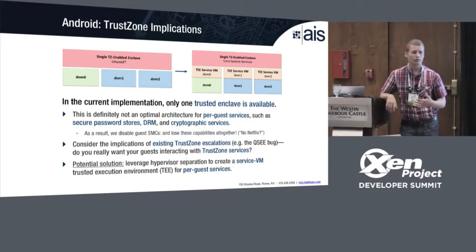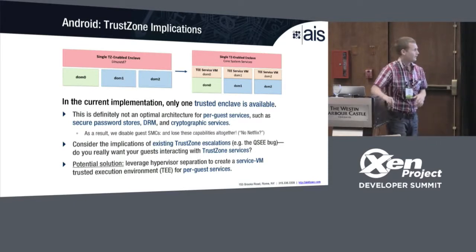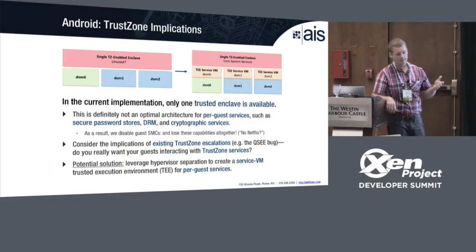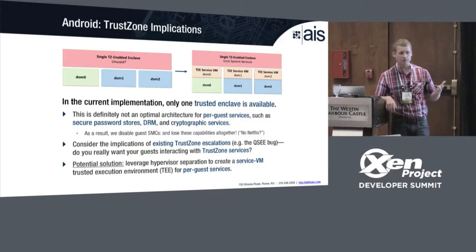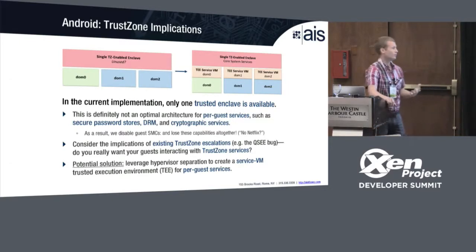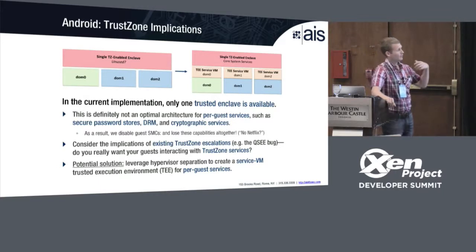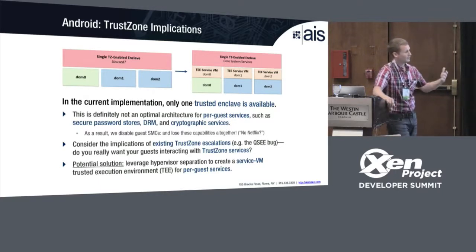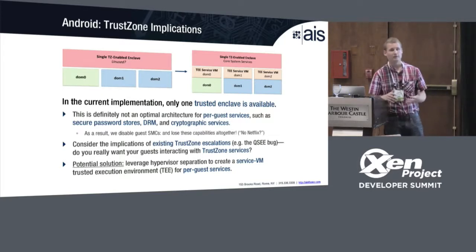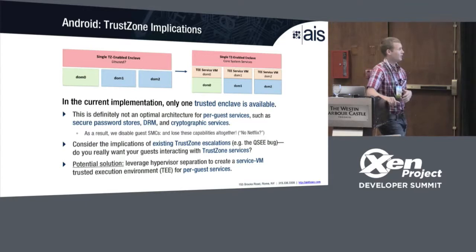If you look at the Qualcomm bug that came out a while back, they had an issue where you can escalate privilege on the device by breaking into TrustZone. It's kind of a black box, and enabling your guest VMs to access something like that provides additional attack surface, allowing a guest to break out, not just out of the VM, but with pretty privileged access over the entire system.